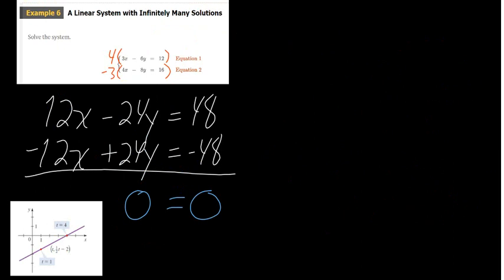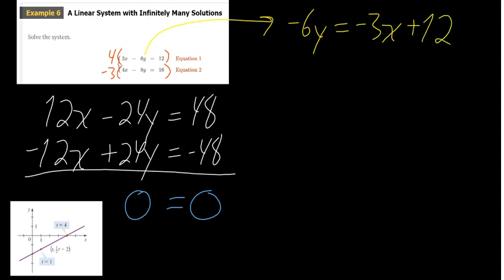Let's look at this one. Let's solve both of these for y as well. So we got negative 6y is equal to negative 3x plus 12. We divide both sides by negative 6. So we've got y is equal to a positive 1/2 x minus 2.